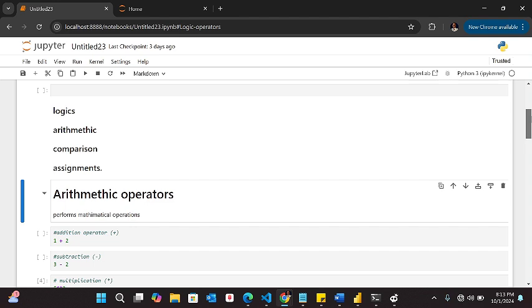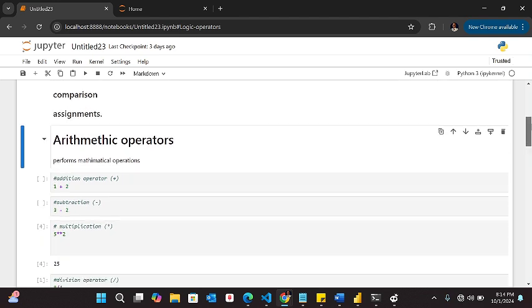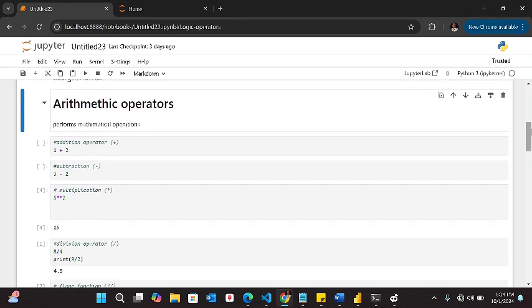In no specific order, we will start with arithmetic operators. From the definition of operators, we said operators help us to perform operations on either variables or values, right? And when we talk of arithmetic operators, these are operators that help us to perform mathematical operations on variables or values. We have operators like the addition operator.